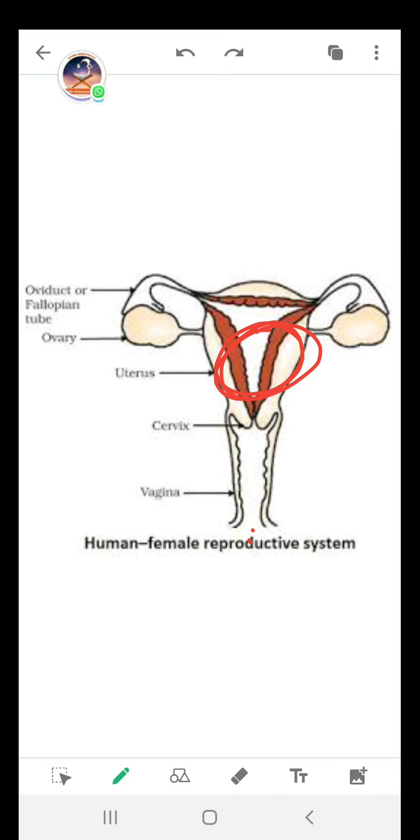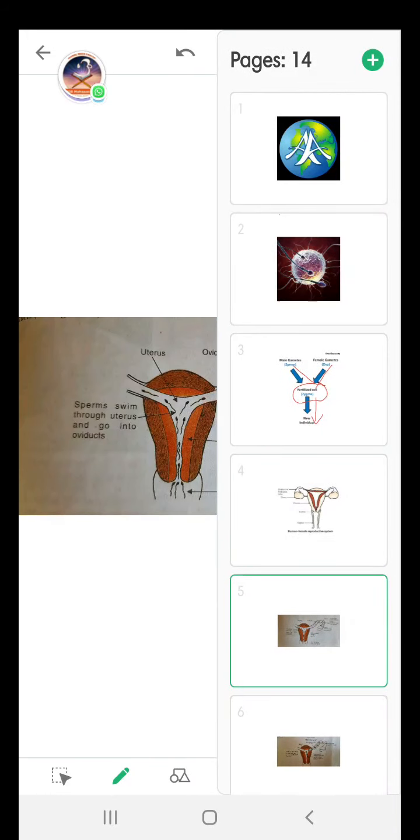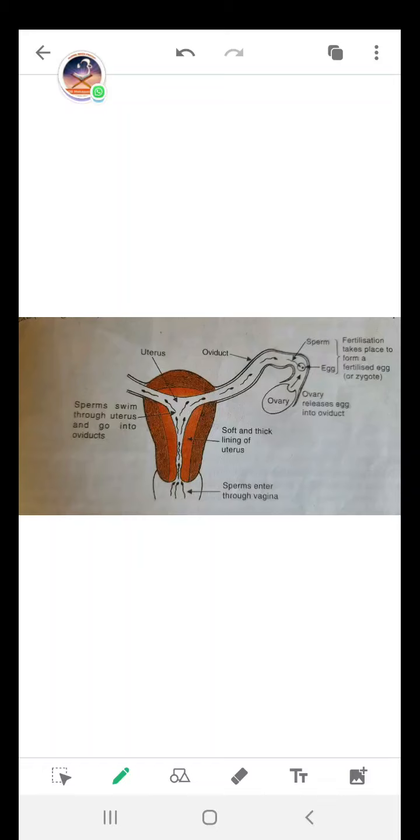Now, I will explain in my next diagram how fertilization takes place. In human beings, as I have already explained in my previous video, internal fertilization takes place. The sperms which are made in the testes of the male are introduced into the vagina of the woman through the penis by mating.